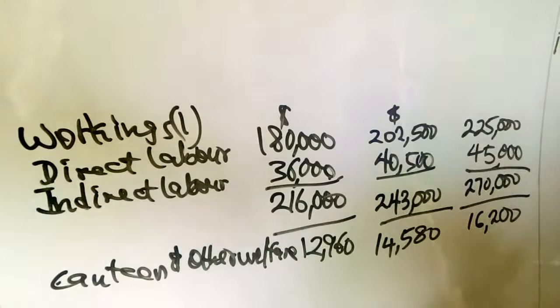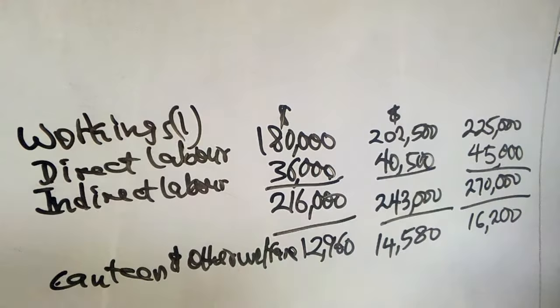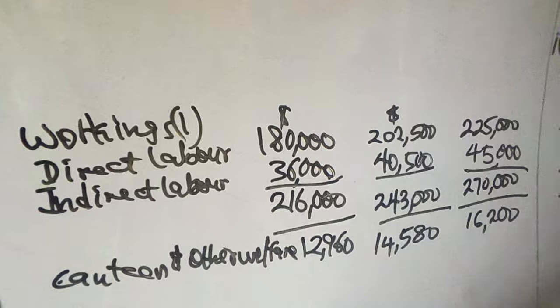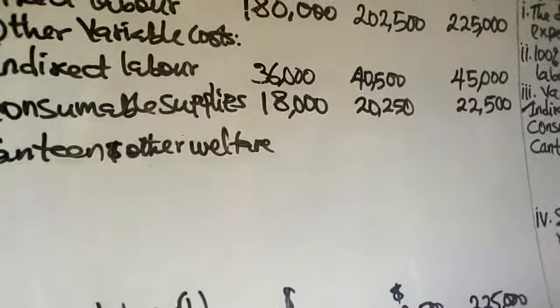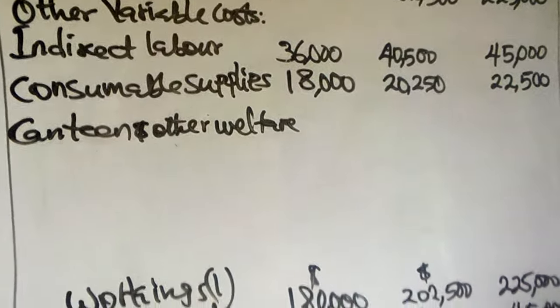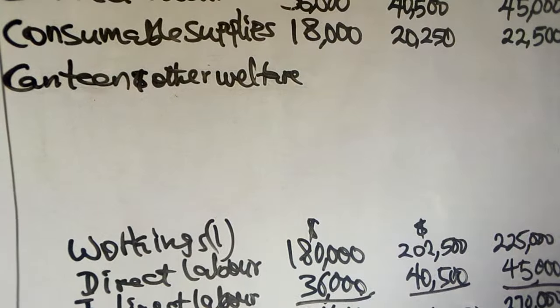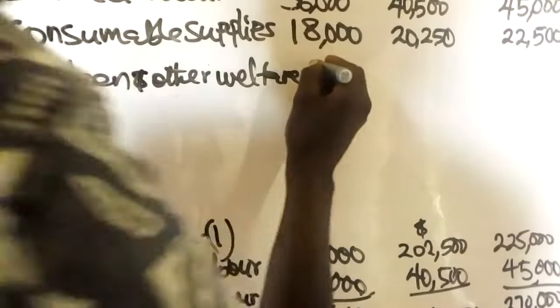That is the amount that will be recorded as canteen and other welfare service. So we can record that now: 12,960.